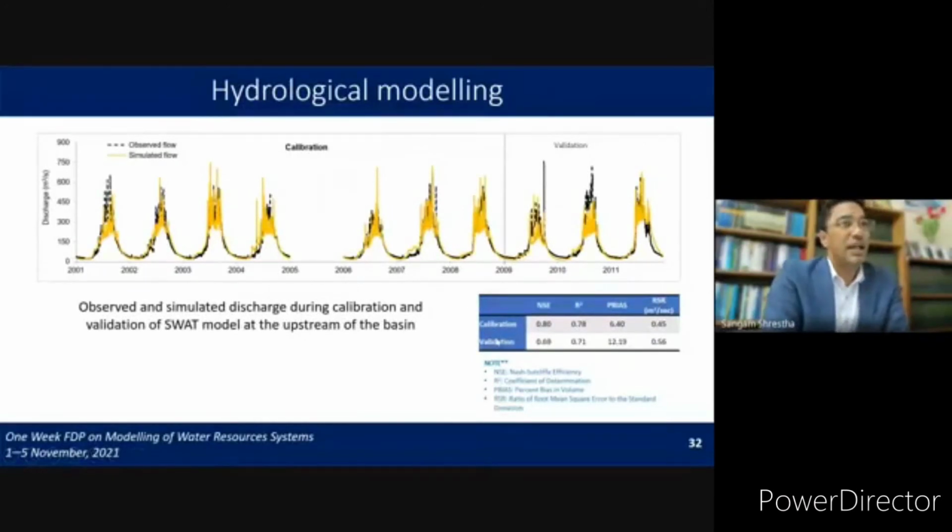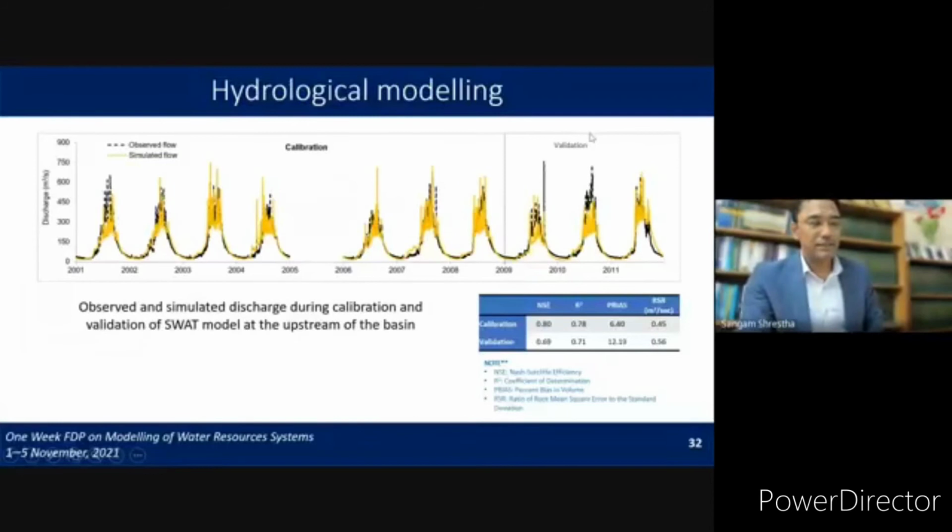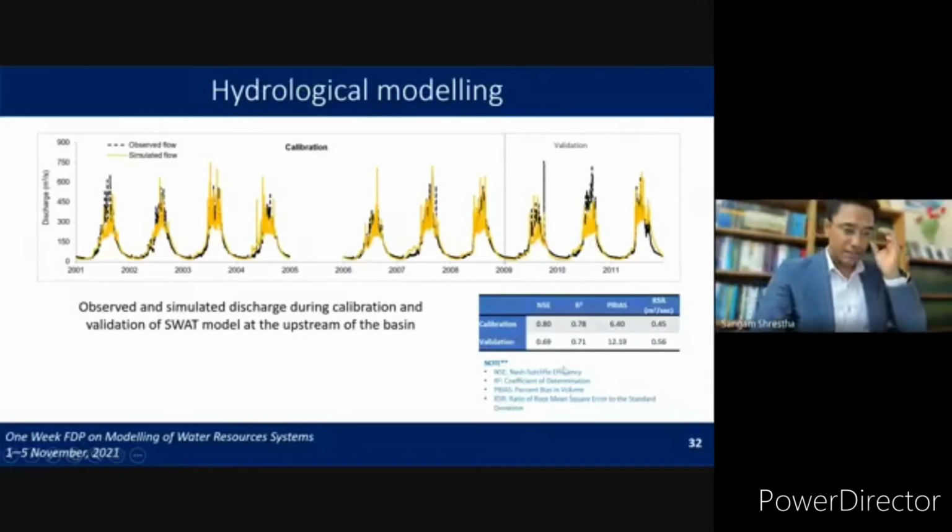Similarly, we calibrated and validated the model in the upstream of the basin, and you can also see here the comparison of the observed and simulated discharge during the calibration and validation phase. And in this table, you can see the values of the statistical indicators NSE, R square, PBIAS, and RSR.